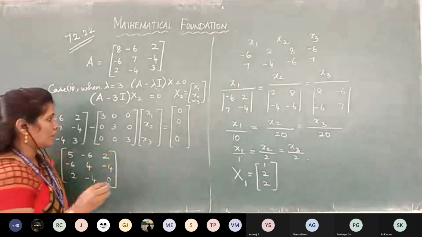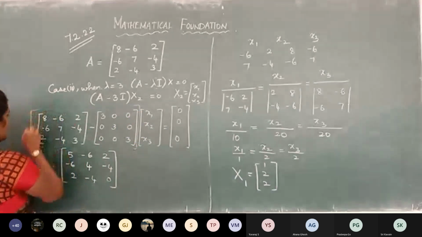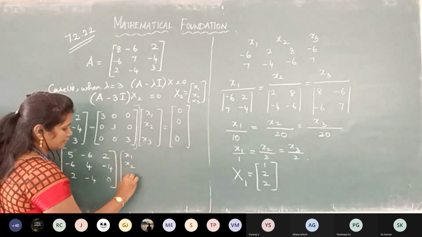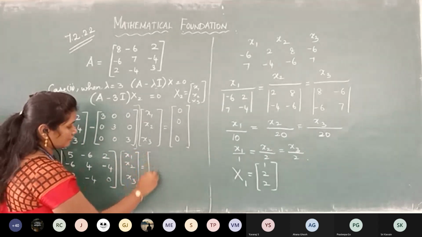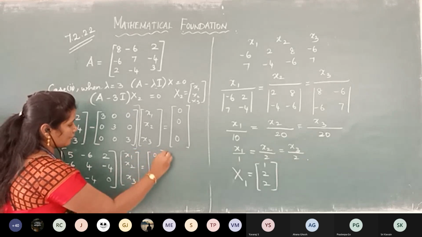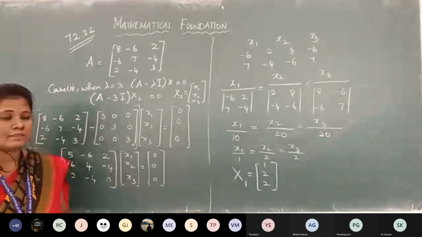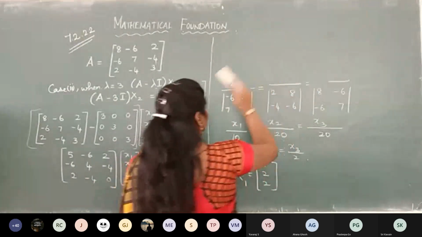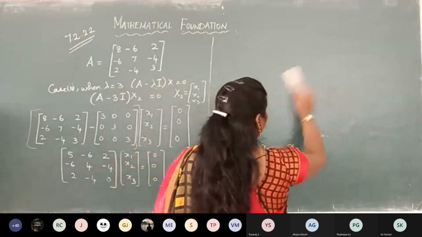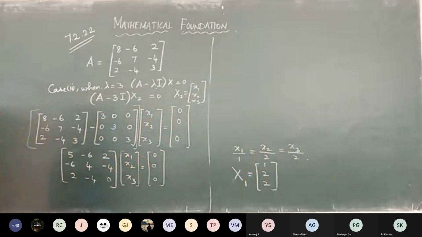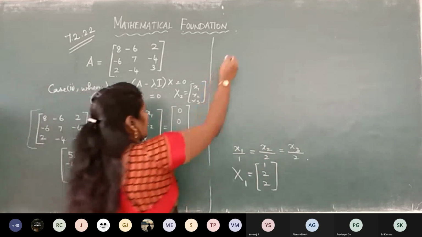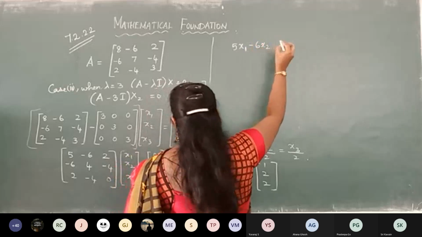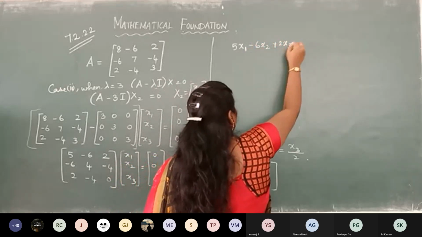First you have to subtract it. After subtracting, you have to multiply it with your x1, x2, x3 and get the equations. So your equation will become 5x1 minus 6x2 plus 2x3 equal to 0.